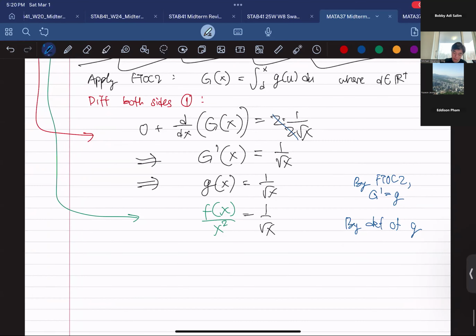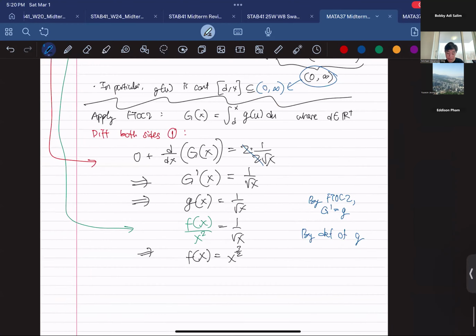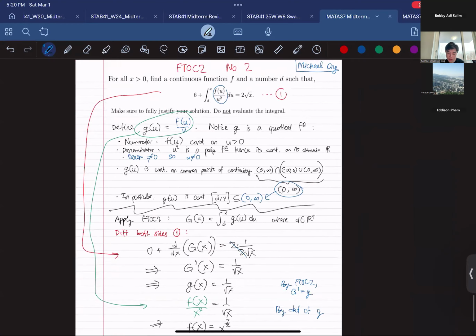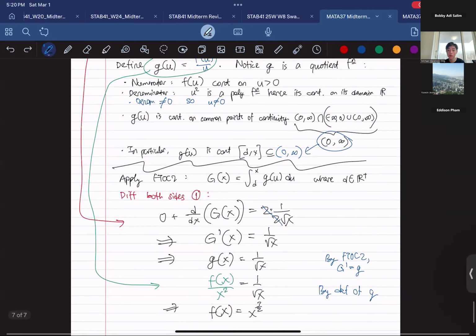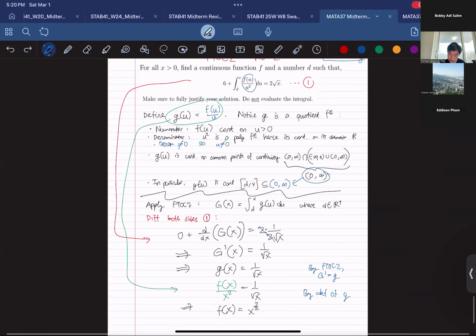And so if you switch things over, our function is x to the power of 3 over 2. And this is still good enough because we have a square root in there with the over 2. And for a square root, x is still within the positive values just to satisfy this restriction. So everything is good.